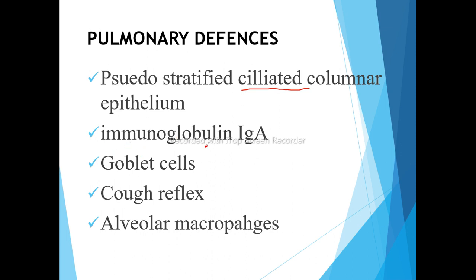Then we also have the immunoglobulin. These are also other defenses. The type of immunoglobulin found in the respiratory tract is IgA. Apart from that, we also have the goblet cells, which produce mucus.